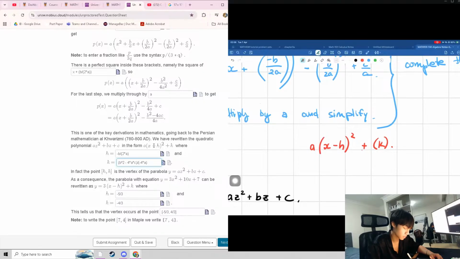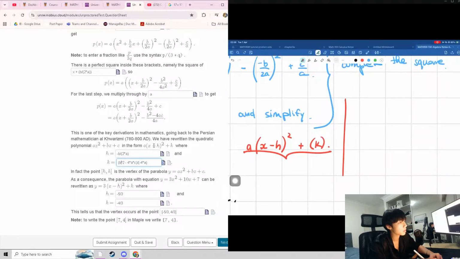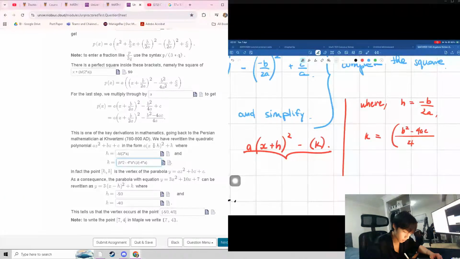That's the form, but there's a lot of mix-up with how the form should be. And so if we make it that, where h is equal to minus b over 2a, and k is equal to b squared minus 4ac over 4a.